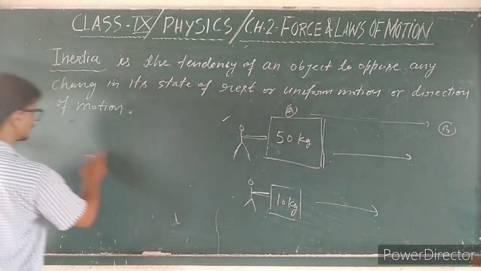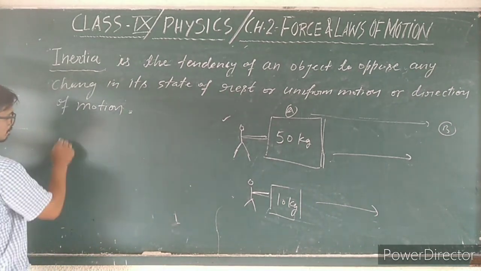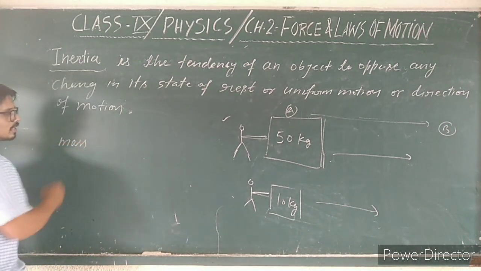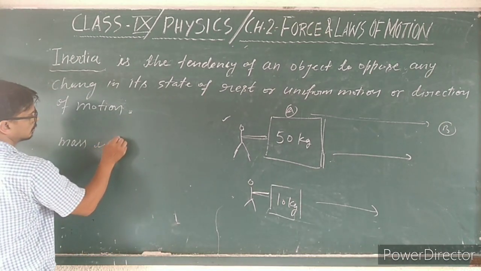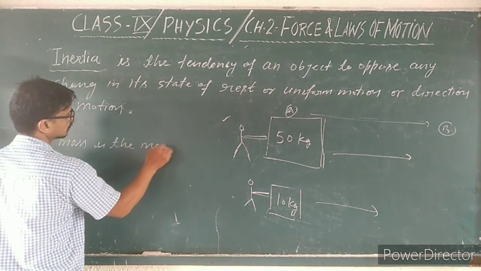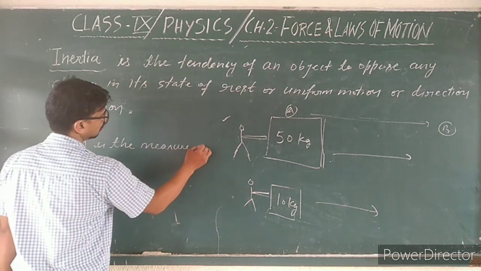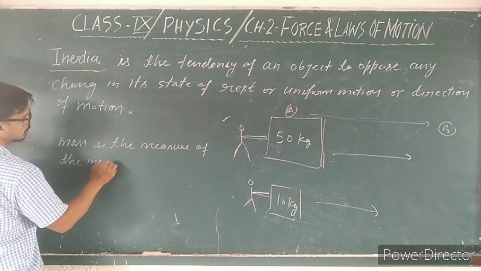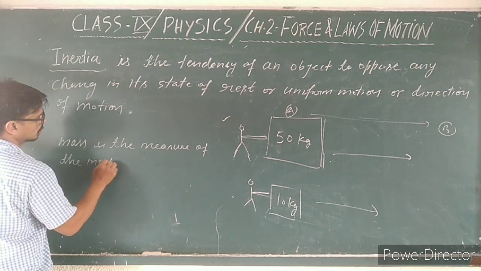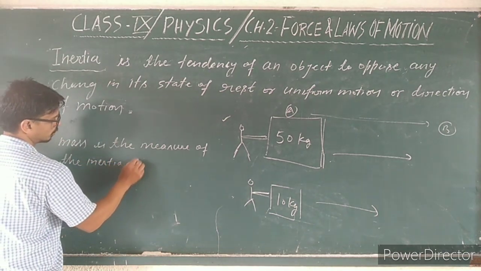So we can say that the mass of an object is a measure of its inertia. So mass is the measure of the inertia of a body.